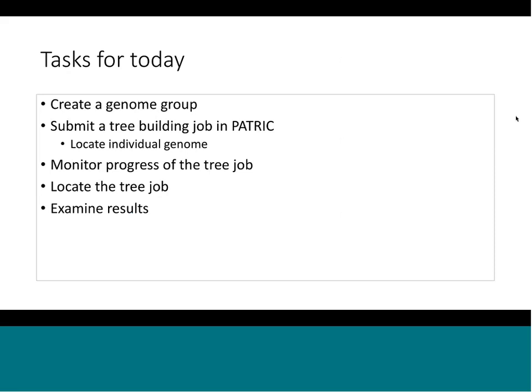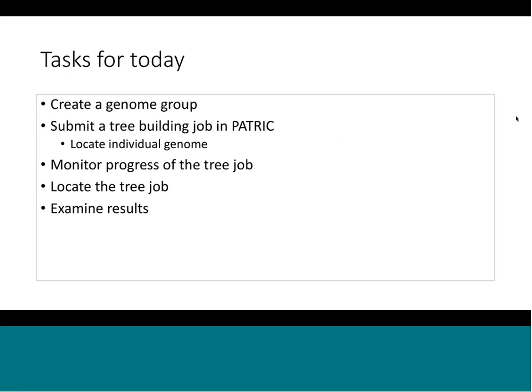So here's what we're going to do today. We're going to create a genome group that we want to build the tree on. We're going to submit this tree building job at PATRIC, and part of that is we're going to identify an outgroup genome, and I'll show you how to find that genome specifically in PATRIC.